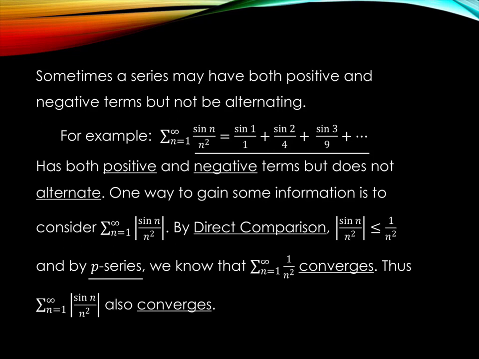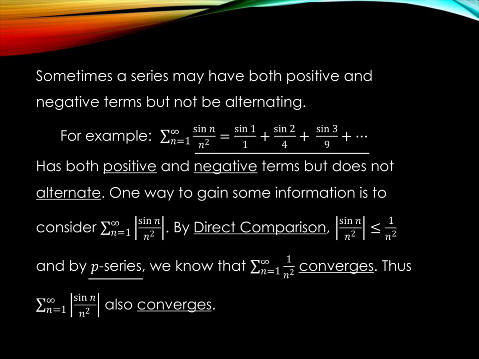Because sine oscillates, right? Sometimes it's positive, sometimes it's negative. So it has both positive and negative terms. But it doesn't alternate because of pi, right? Its period is 2 pi, so it doesn't work around the integers, which are what we're working with when we're working with sequences, n equal 1, 2, 3, 4.